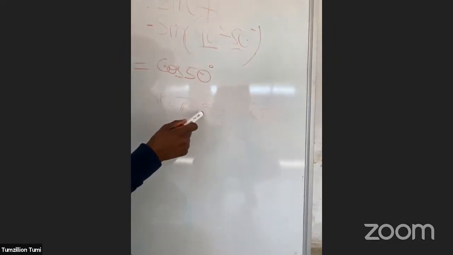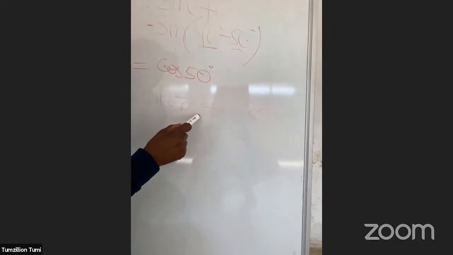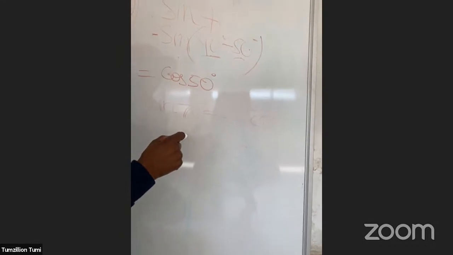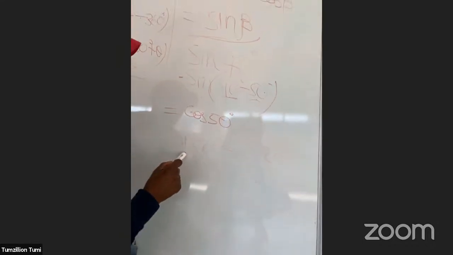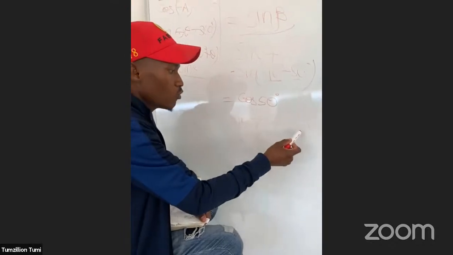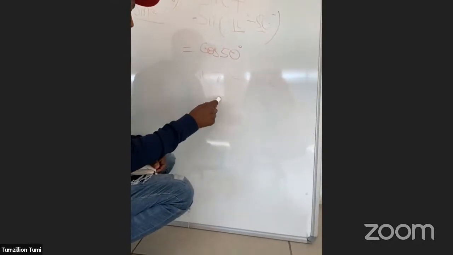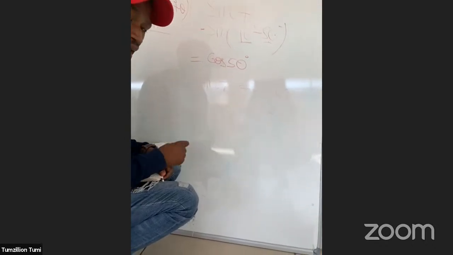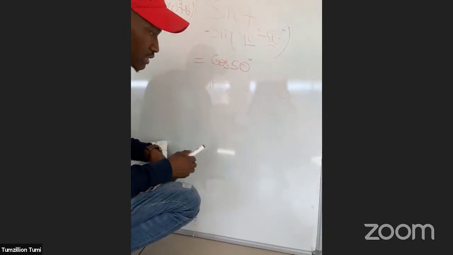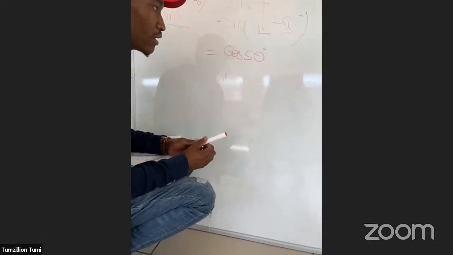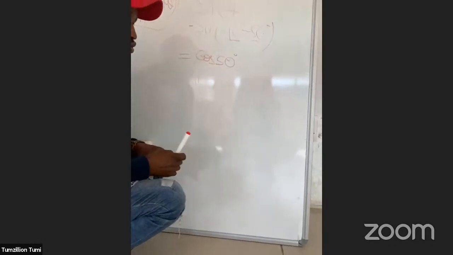Sine of 90 minus 20 is sine 70. But because it's a 90, sine will change to its co-function, so it will become cos 20. So if we have cos 60 degrees, cos 60 degrees is the same as sine 30 degrees. They are equal. Why? Because of this thing that we are going to do here.